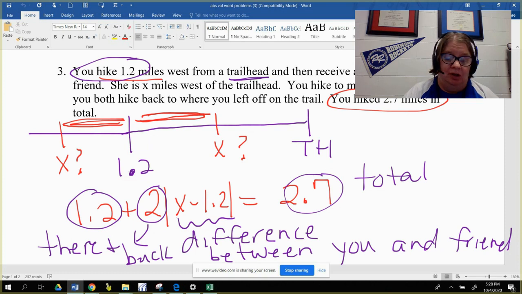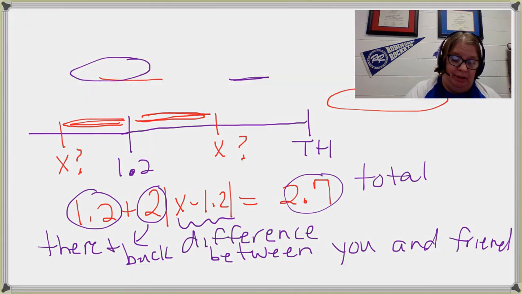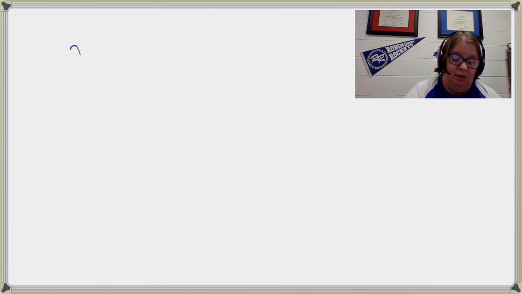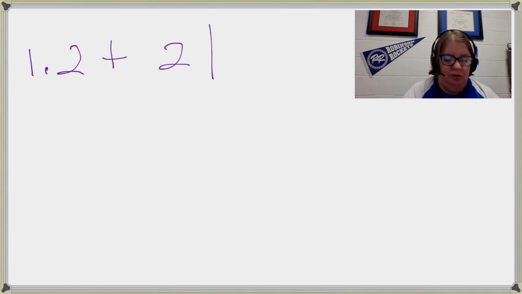Now, let's solve this. I'm going to go to a clear background. Take these off. Here was our equation. 2 was 1.2 plus 2 times the difference between where your friend's at and where you're at.